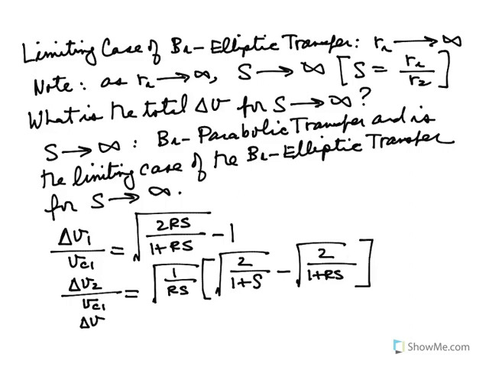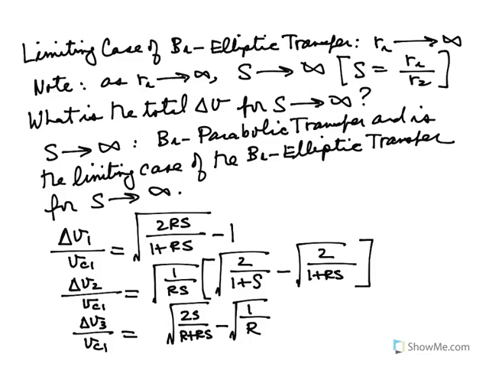And then delta V3 over VC1 is equal to the square root of 2S over R plus RS minus the square root of 1 over R.